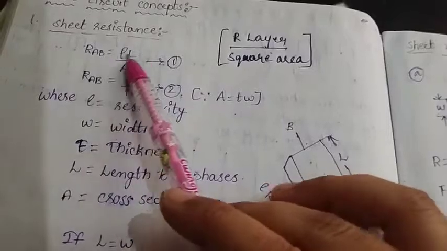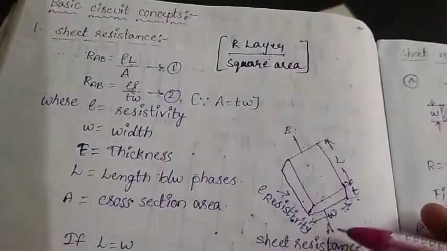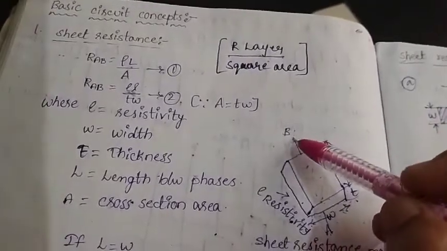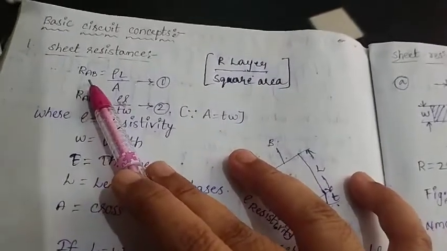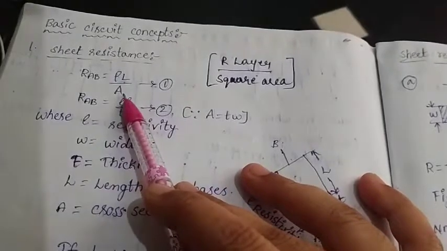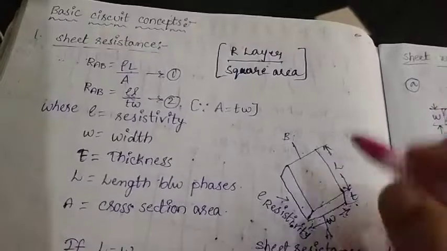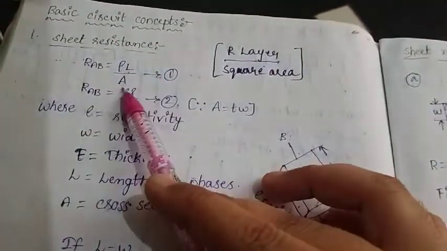The sheet resistance is measured by the resistance from A to B, where this corner is A and this corner is B. The resistance from A to B is rho L by A.